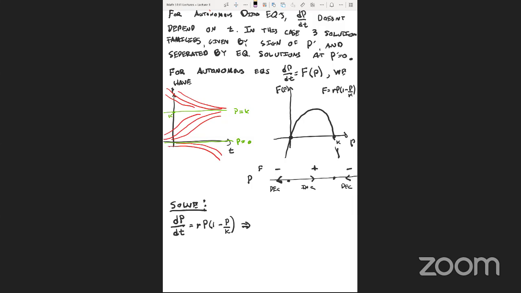And if you can solve it, you can always do separation of variables for autonomous differential equations. So in particular, this is going to be 1 over p times 1 minus p over k, dp equals r dt.